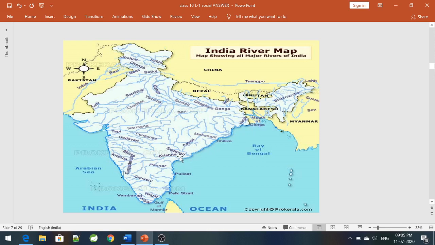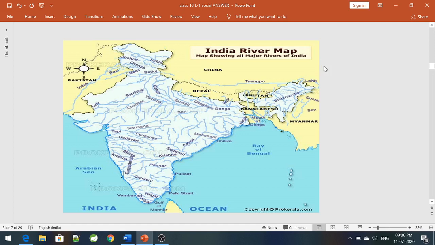And from here Krishna, Godavari, and Kaveri. These are the three most important. Pennar also is a river of South India. And from here Narmada, Godavari, Tapti, Krishna, these are the very important rivers. And Brahmaputra originates from the Tsangpo.